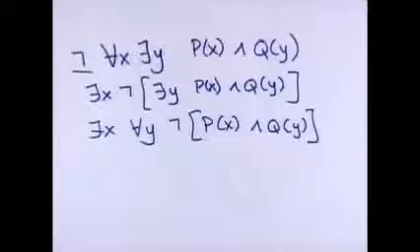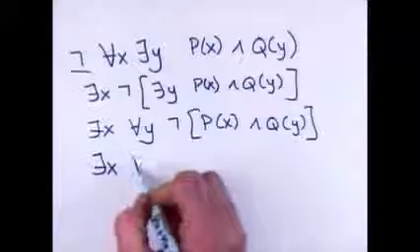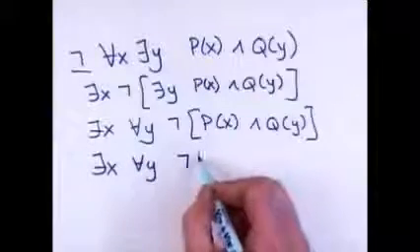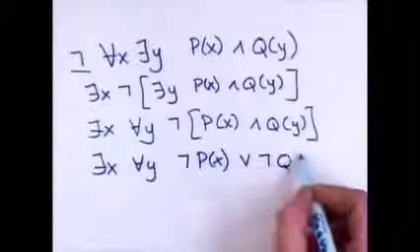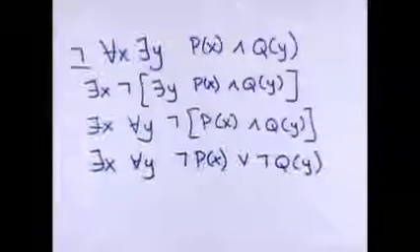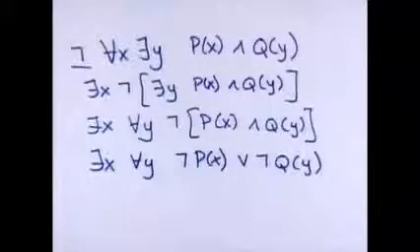And then I can use DeMorgan's again, which is our regular propositional DeMorgan's rule, and I leave the quantifiers the same. I get not p of x. The and changes into an or, and I get not q of y. So there's an example of doing multiple steps of DeMorgan's on a line, so I can negate the entire line.